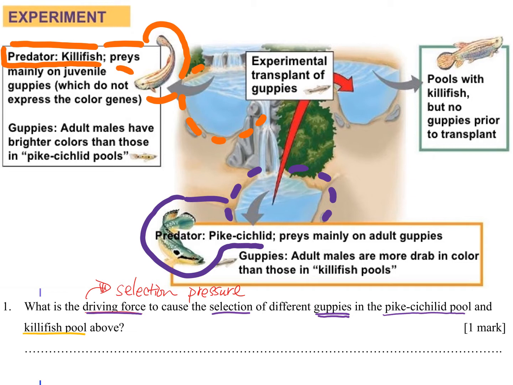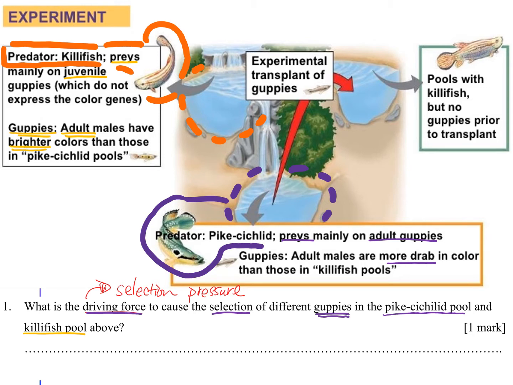Let's take a look at the description. In the pike cichlid purple pool, the pike cichlid is a predator. They prey on the adult guppies, and the guppies are more drab in color, not colorful. While in the killifish pool, the killifish prey on the young guppies, the juvenile guppies, and all the adult guppies in the killifish pool are brighter in color.